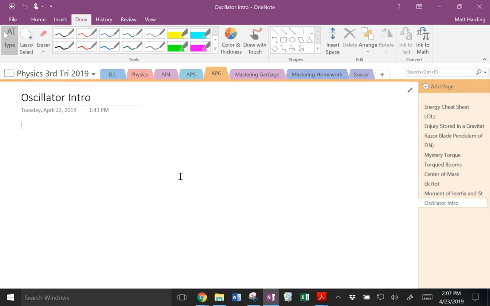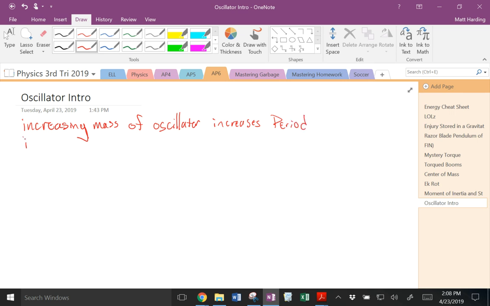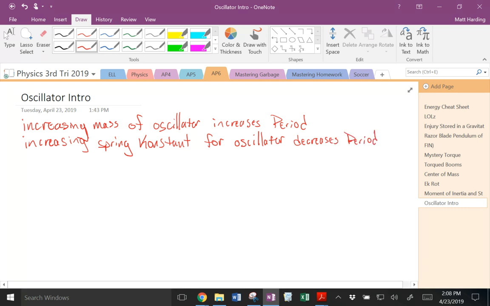Okay, so I should jot down what we noticed here. Things we noticed: increasing mass of oscillator increases period, increasing spring constant for oscillator decreases period.